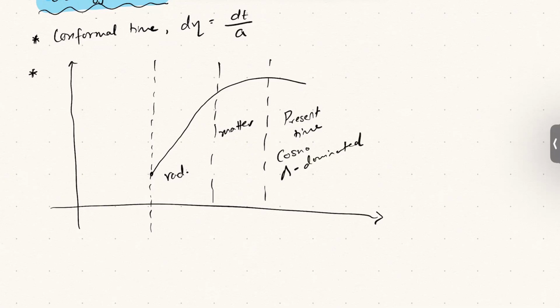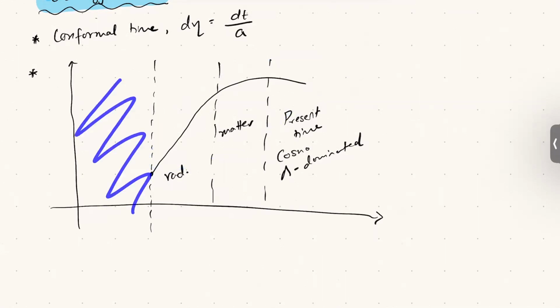Okay. Now, for us to essentially understand what this evolution of the universe is, we need to understand what are the underlying initial conditions that left this evolution, right? So we need to have a picture of this area over here.